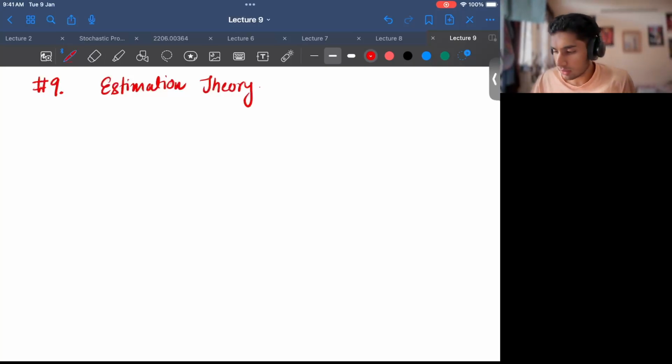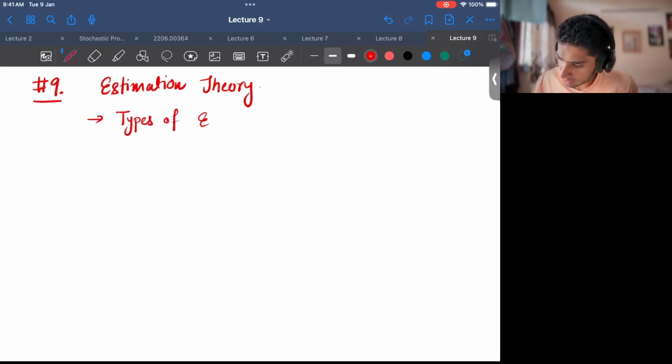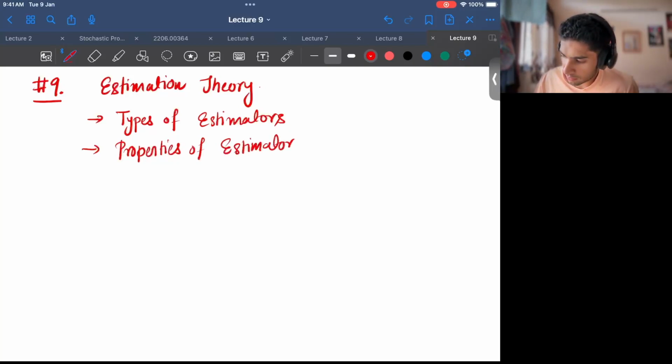The ninth week was basically about estimation theory, where you study types of estimators, and then briefly some properties of estimators. So these are the two broad topics.